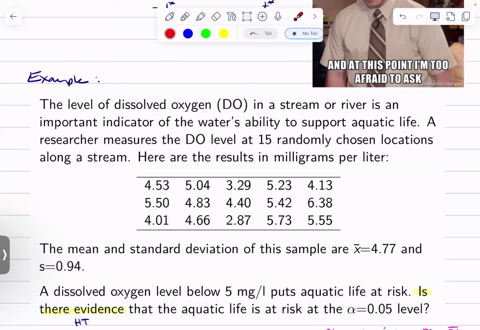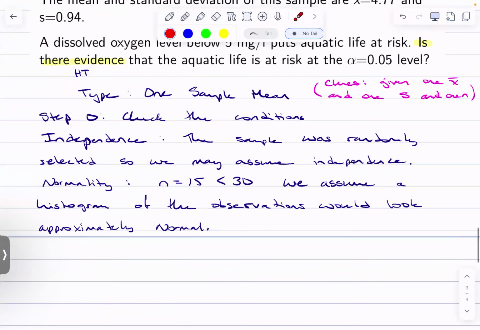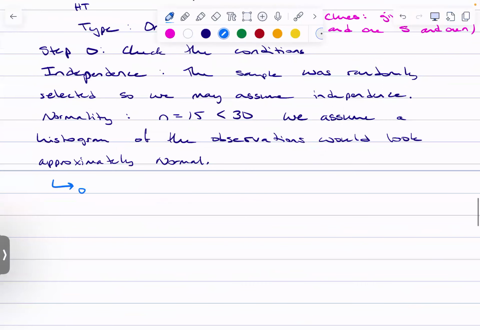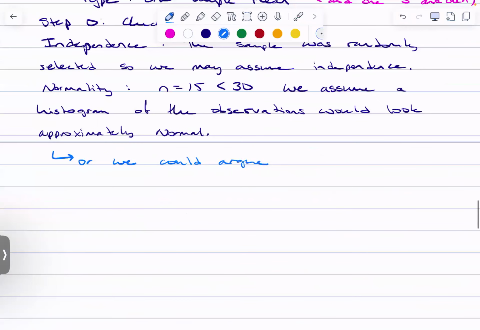And so there's no reason to think that I'm pulling from anything but a normal distribution. So maybe I will write it down. Alternatively, we could argue that the dissolved oxygen levels in the stream follow a normal distribution.